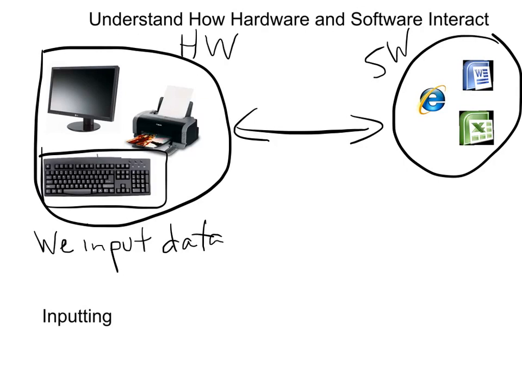and interact with software by typing commands such as naming docs, selecting options, and saving. So I'll write this down. Input and interact. I'm abbreviating hardware and software, okay?